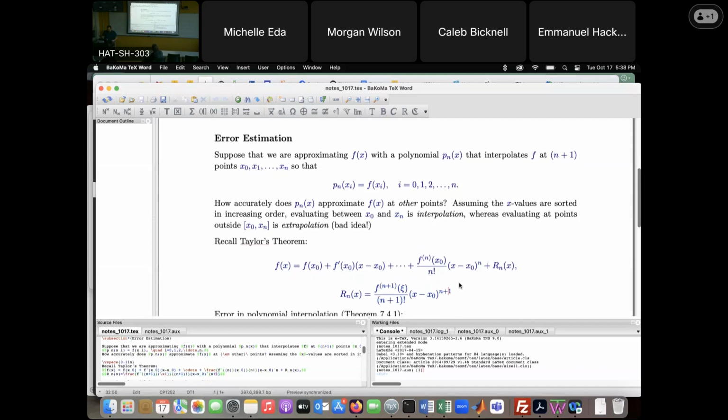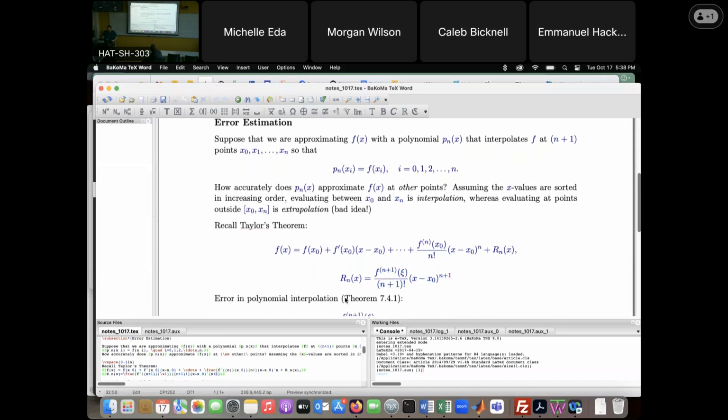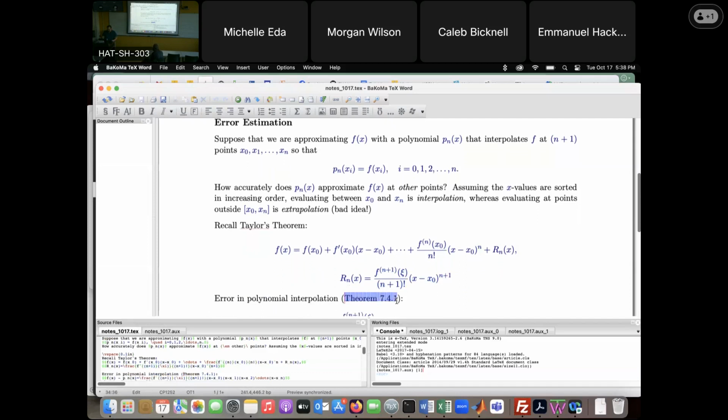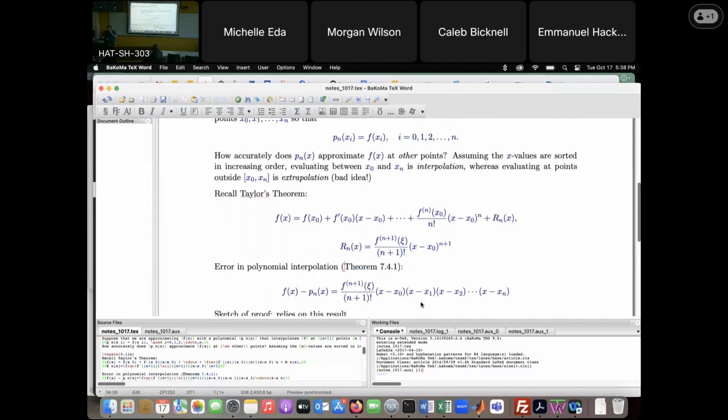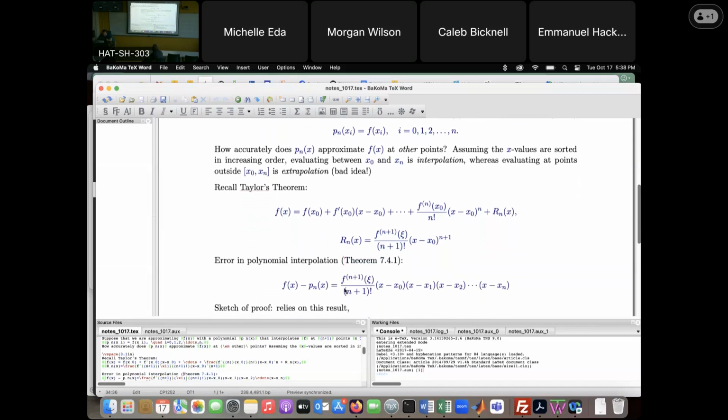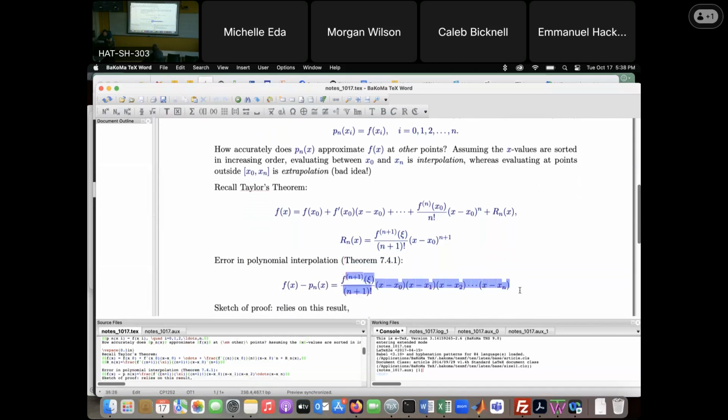So here's the result, and this is in the textbook as theorem 7.4.1. So f of x minus your approximation, which is Pn of x, is equal to this. And notice the expression starts out exactly the same as the Taylor remainder.